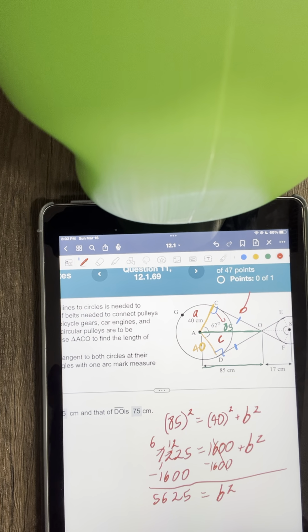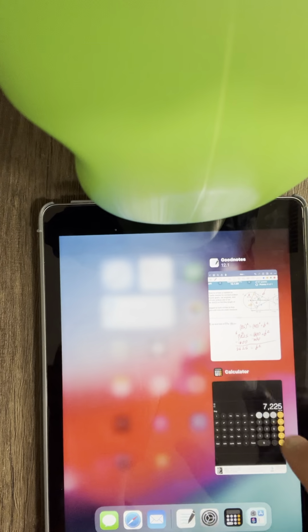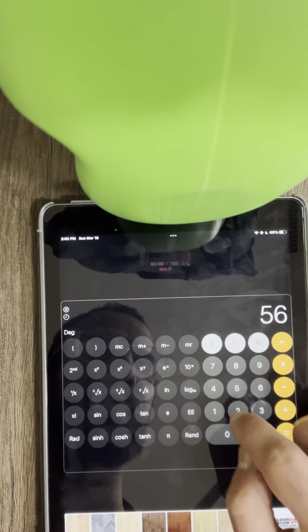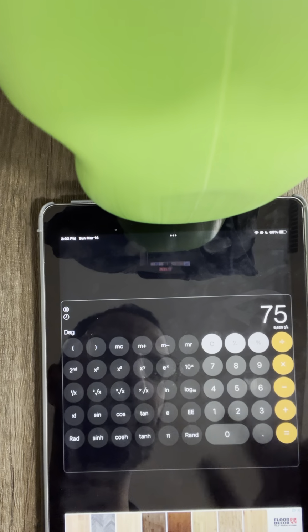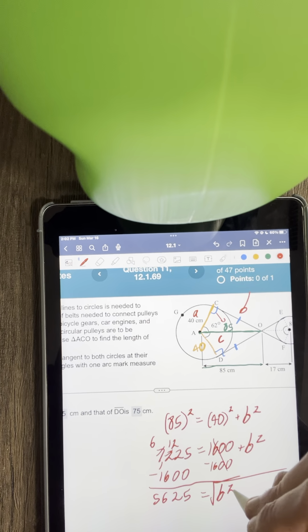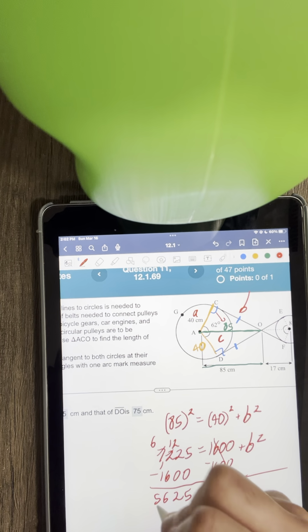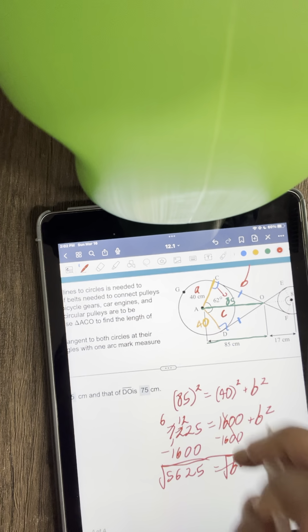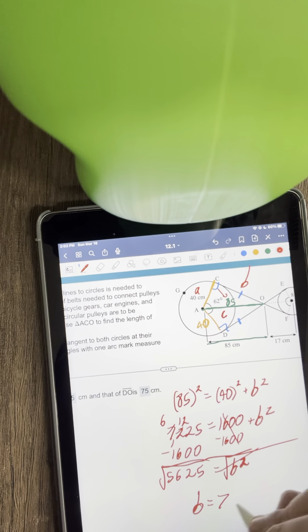Am I doing that right? I feel like that's so wrong. 5625, square root, nope, 75. So now, to get rid of this squared, let's square root it. And what's the square root of 5625? My B is 75.